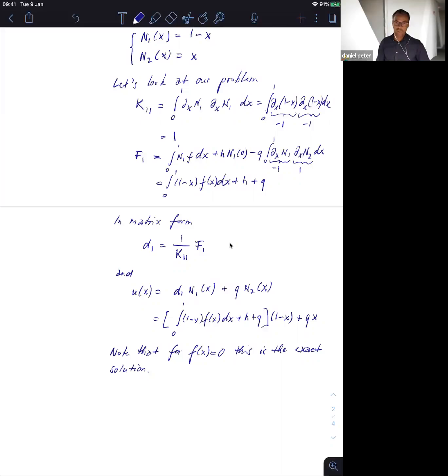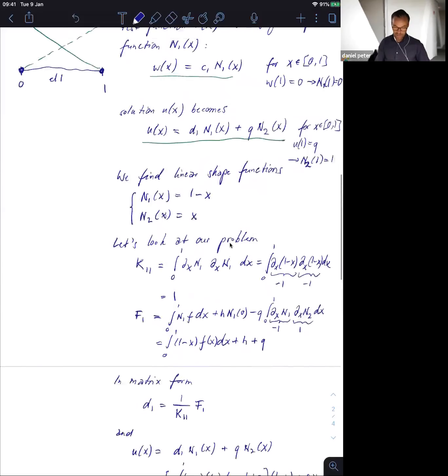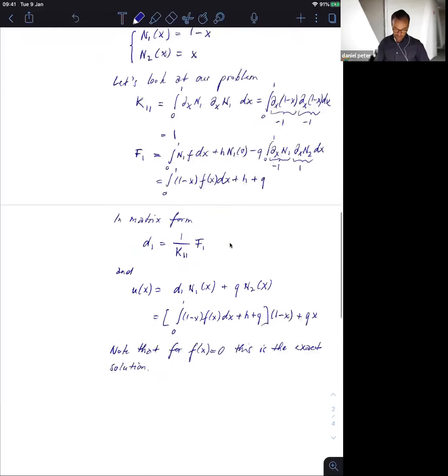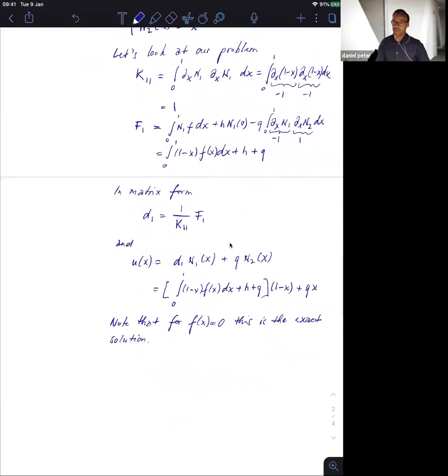So kind of like magic now. We went to the weak form, function approximation, linear system of equations, solved it with a linear basis, and what comes out is the exact solution actually, and we can neglect this f of x term.